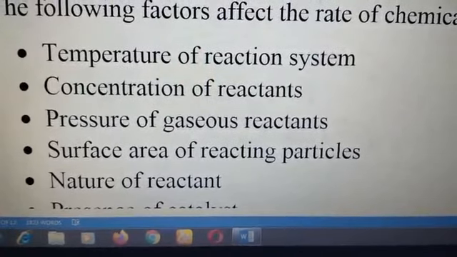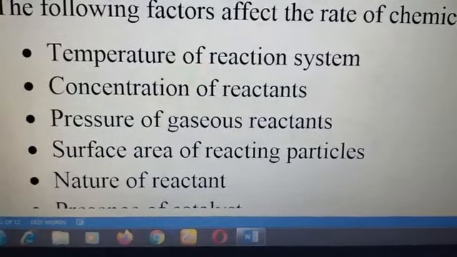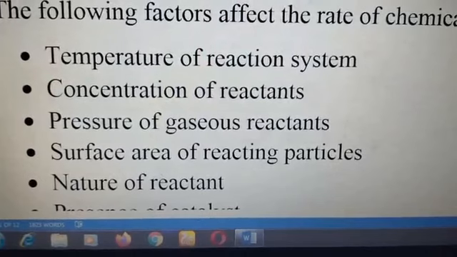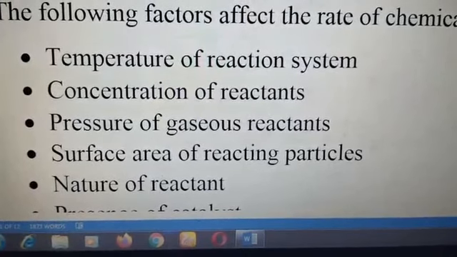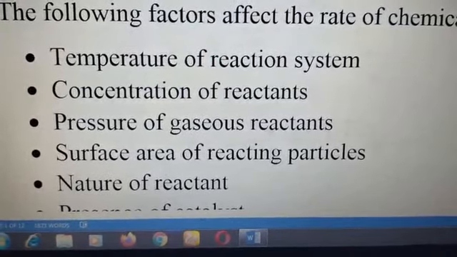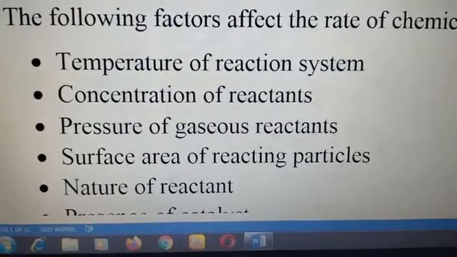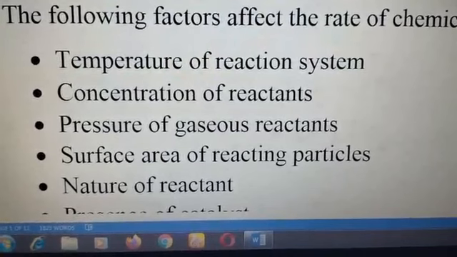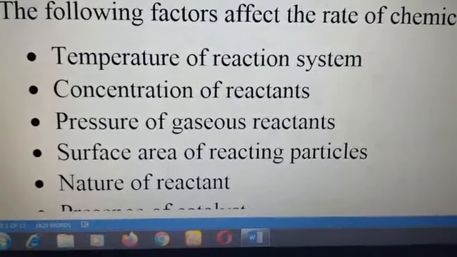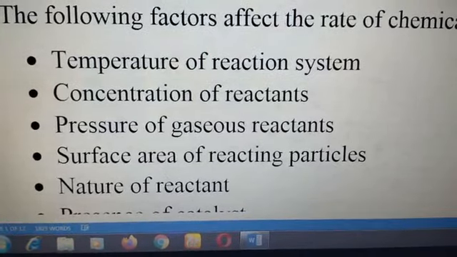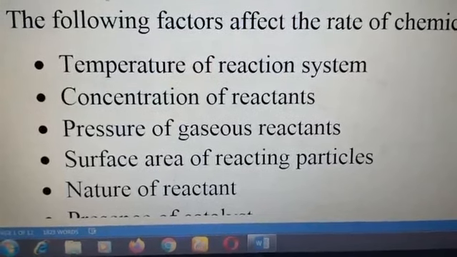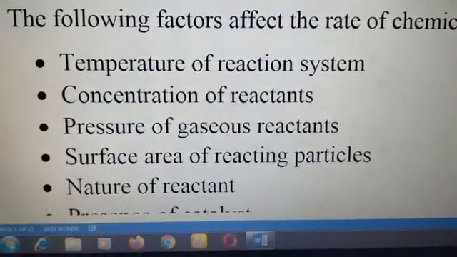And this higher velocity will lead to a higher rate of collision. The molecules will collide more frequently among themselves and with the walls of the container. This collision leads to breakage of bonds in the reactants and formation of bonds in the products. Therefore, if you increase temperature, the rate of reaction will increase.